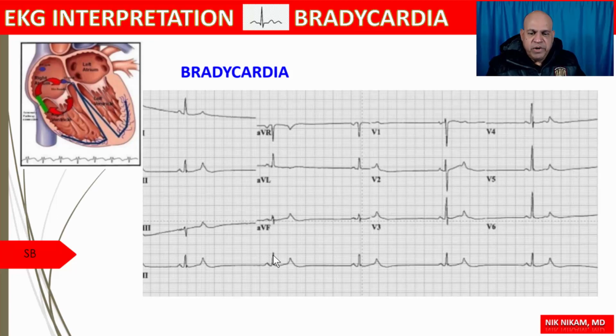Whenever you see bradycardia with a narrow QRS complex, always look at the T waves and see if there are hidden ectopic beats creating a rhythm which looks like bradycardia, but it could be a bigeminal rhythm with a long pause.